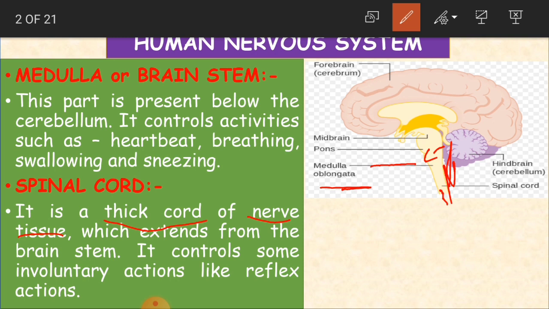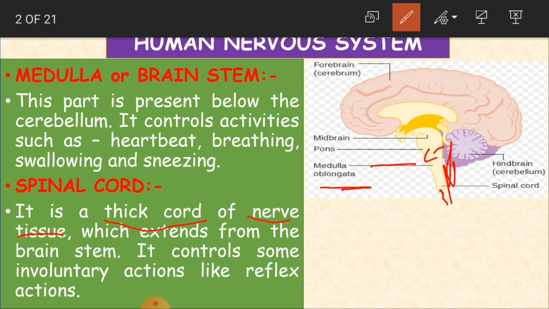If you suddenly touch something without noticing it is hot, you'll just take your hand off. That is an involuntary action. Such actions we can call reflex actions also. Such actions are controlled by the spinal cord.